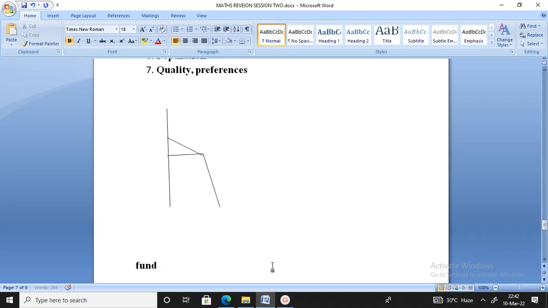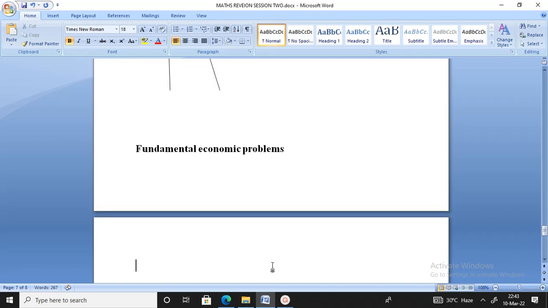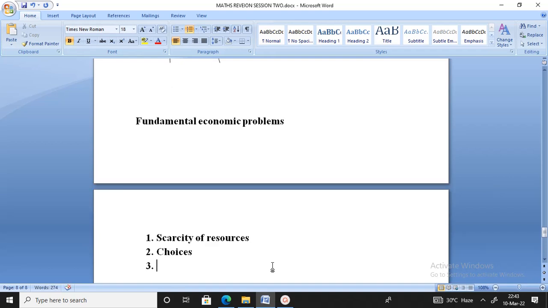So when you're talking about fundamental economic problems, you're talking about problems to do with scarcity of resources, you're talking about the issue of choices, and you're talking about the issue of opportunity cost.